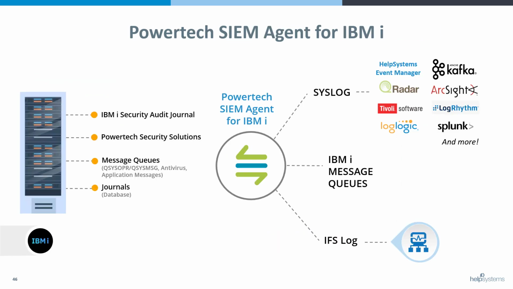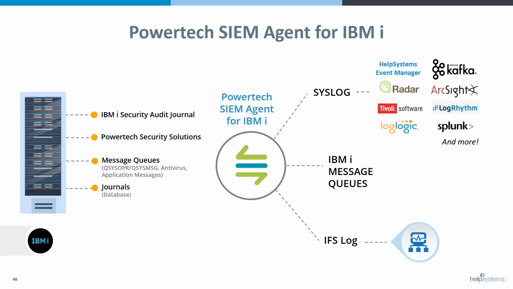Now, the SIEM agent has the ability to read information from multiple sources. The audit journal is arguably one of the most important, but we also have integration with other Powertech security solutions. We can also pull from message queues and database journals. So all of these input sources can be monitored by the SIEM agent, and when an important event occurs, it can be translated into the appropriate output.